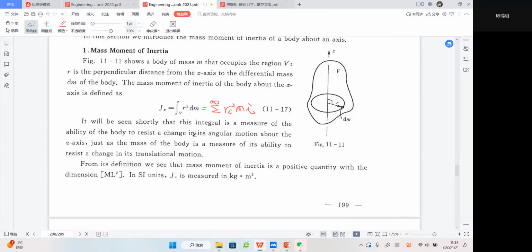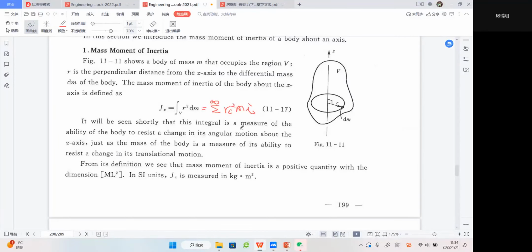It will be seen shortly that this integral is the measure of the ability of the body to resist a change in its angular motion about the axis. If we try to study the relationship between the rotation and the moment, we should first know this mass moment of inertia. Believe me, it's a very important property for a body, according to its mass distribution.